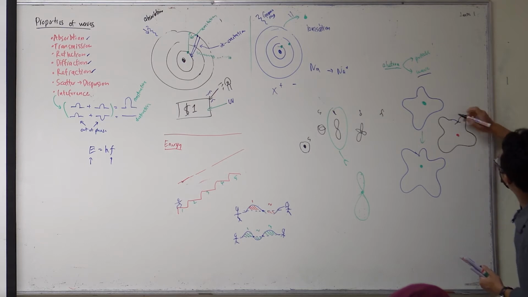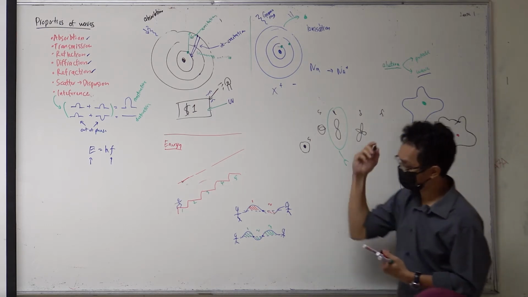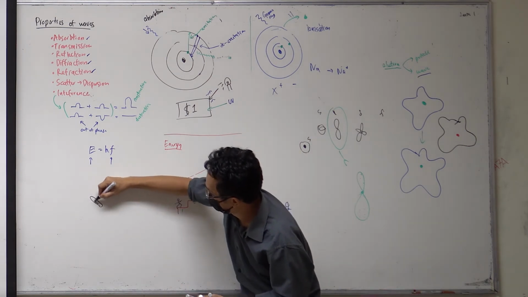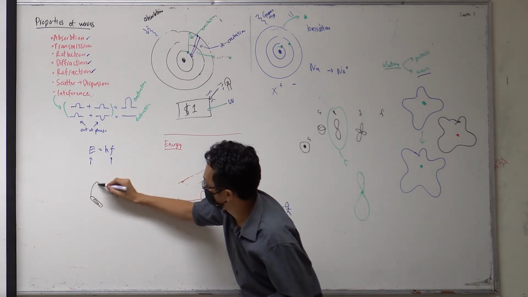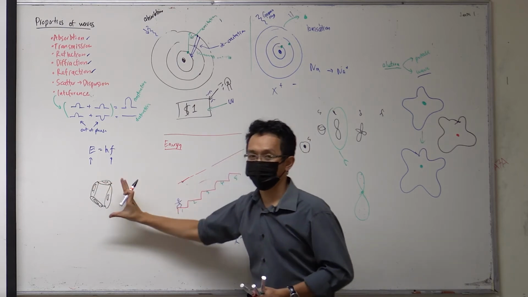So the wave will sort of destructively interfere because it is not in phase. It's like when you want to make a round shape using paper clips. Let's say you have 4 paper clips, 1, 2, 3, 4, and then you make a circle.